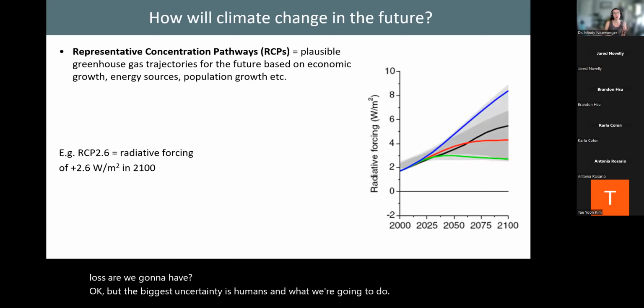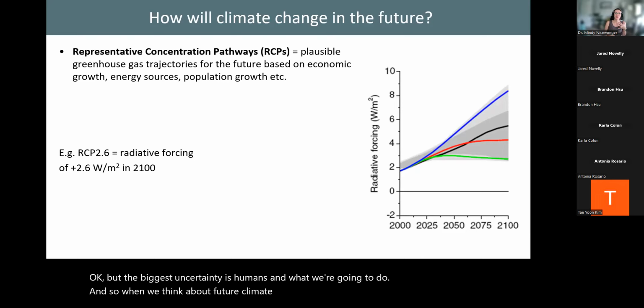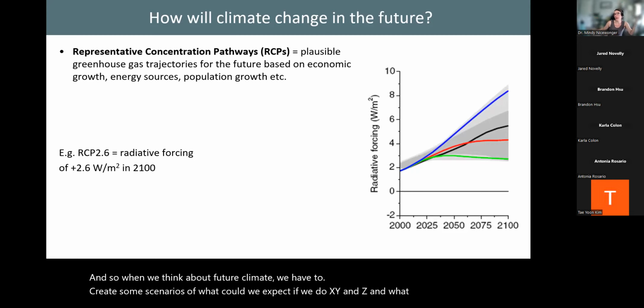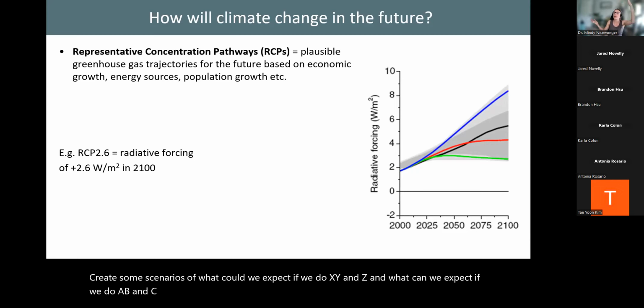And so when we think about future climate, we have to create some scenarios of what could we expect if we do X, Y, and Z, and what can we expect if we do A, B, and C? Okay, what is that range?